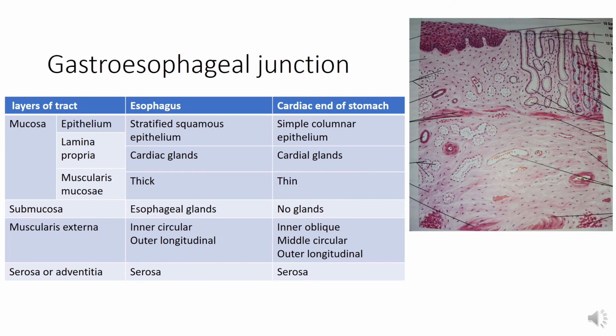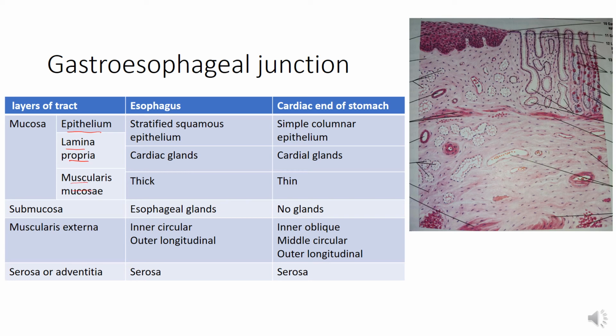So now, differences in the gastroesophageal junction. What are the changes which take place at the gastroesophageal junction? Again, we will write the four layers: the mucosa, submucosa, muscularis externa, and serosa or adventitia. In mucosa, the epithelium, the lamina propria, and muscularis mucosae.